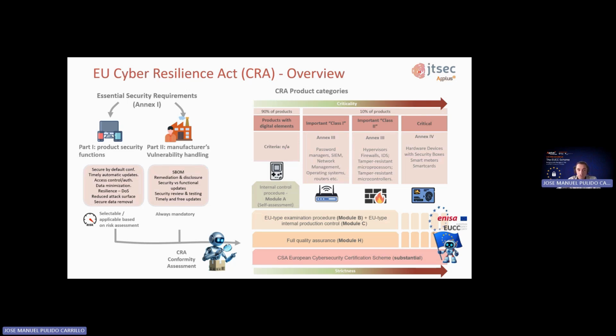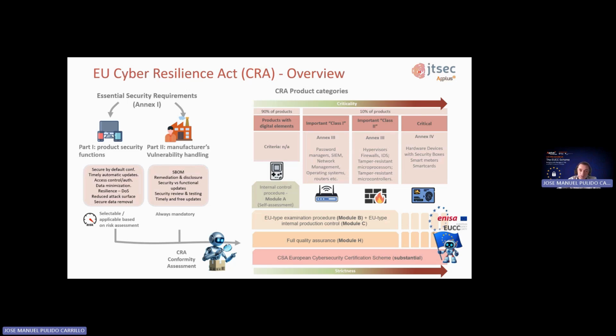But also, Article 27 of the regulation introduces the concept of presumption of conformity, which means that if a product has been certified under a European cybersecurity certification scheme under the CSA with at least a substantial level, it could be presumed conformant with the Cyber Resilience Act.